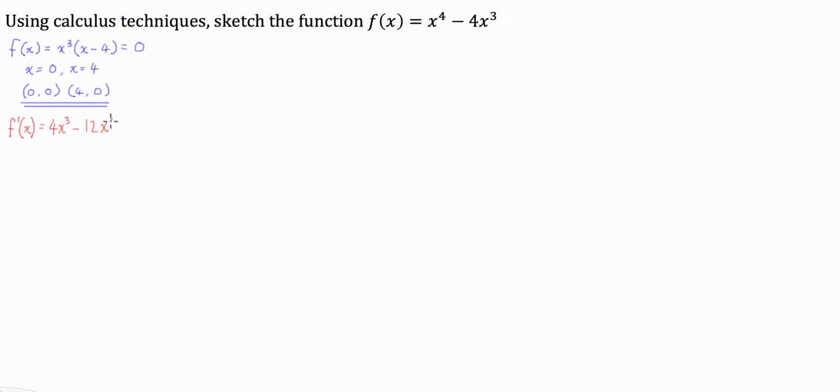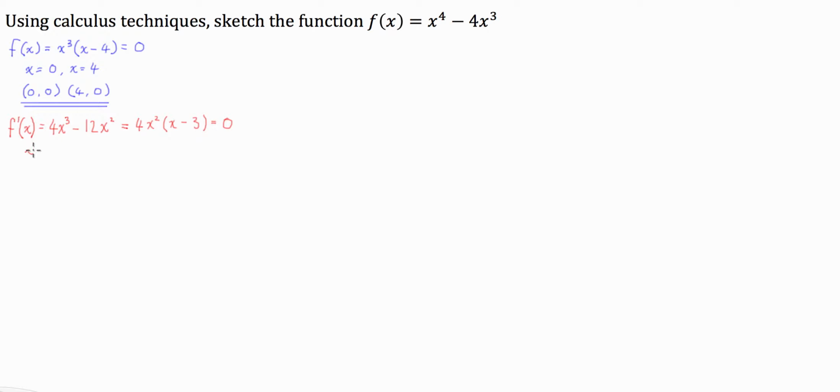12x squared. Now, to find turning points or points of inflection, we have to figure out when this function is equal to 0. So like we did before, we're going to factorize it. We can factorize this by 4x squared, so inside the bracket is going to be x minus 3. If we want to know when that is equal to 0, we can again use the null factor law.